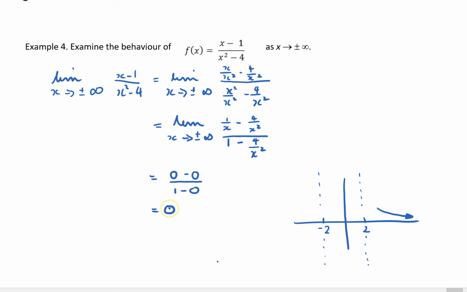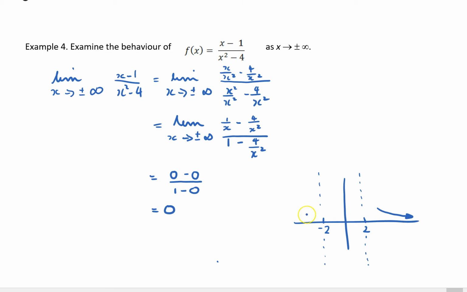And again, you've got the limit going to 0.